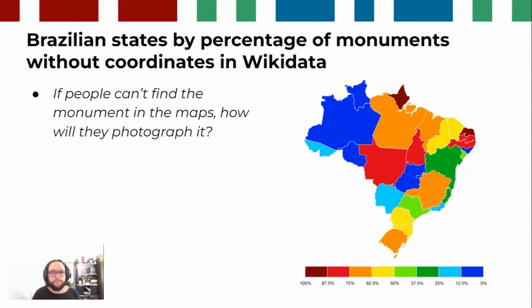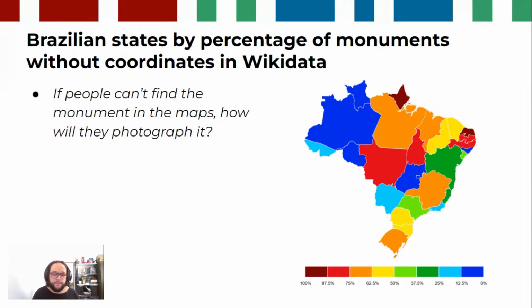So this is the map of Brazilian states of monuments without coordinates in Wikidata. And you see that we have a high coverage for the North region because they have a smaller number of monuments, but we have less coverage for the South, for example, and for the Southeast region that has the most monuments.